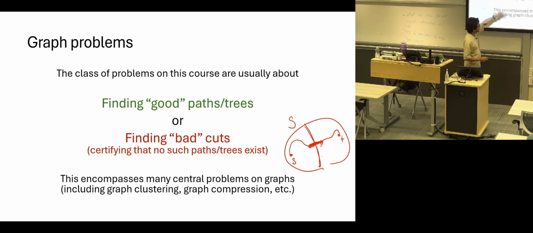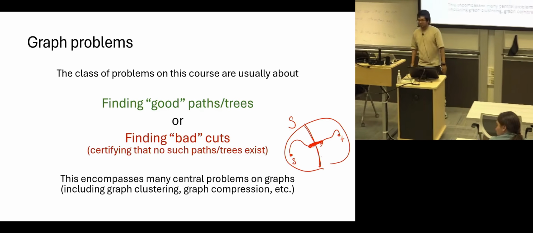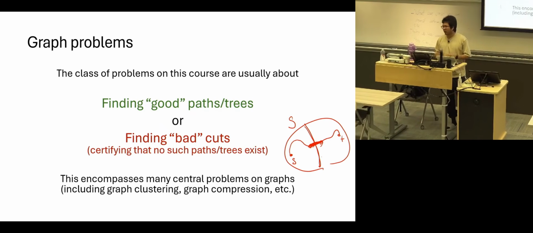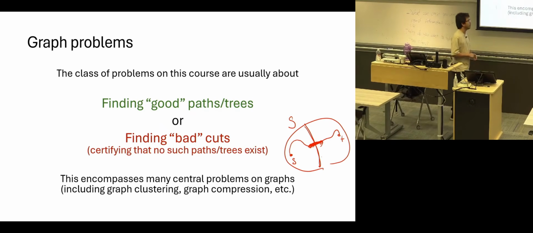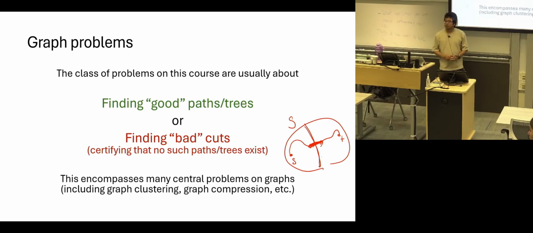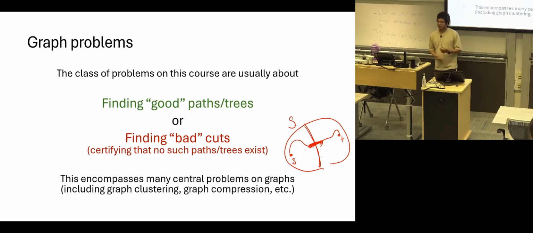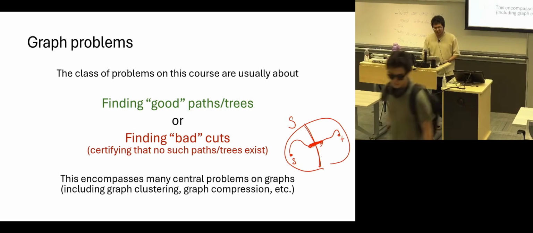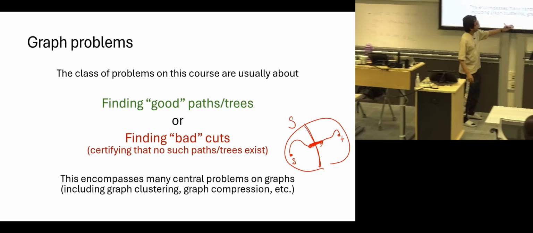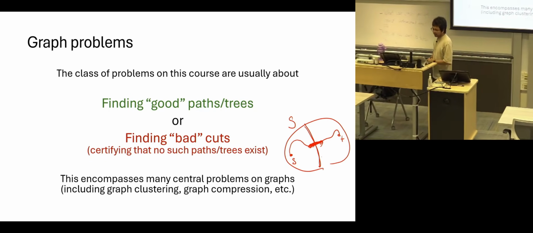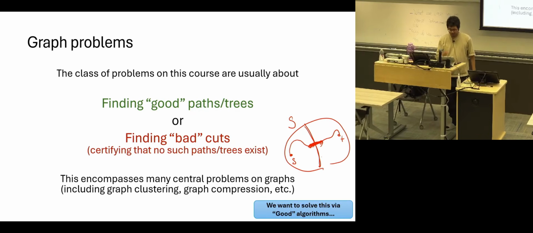This high-level question basically encompasses many central problems in graph algorithms, and you will see along the way that to solve it, you will develop algorithms for graph clustering, like finding clusters in a social network, or graph compression, how to compress a graph into something that you care about, and you will see an example today too.